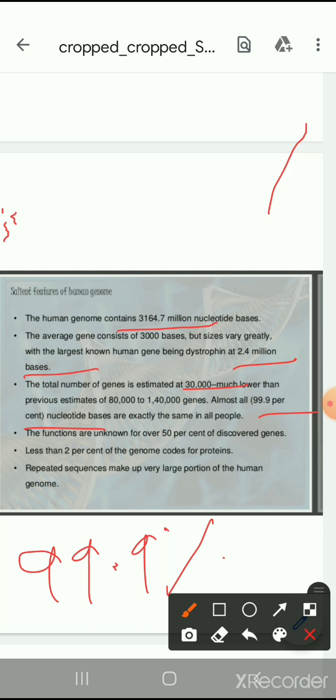The function is unknown for over 50% of discovered genes, and less than 2% of the genome codes for protein. Repeated sequences make up a very large portion of the human genome.